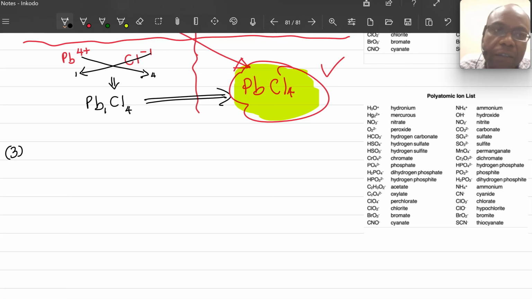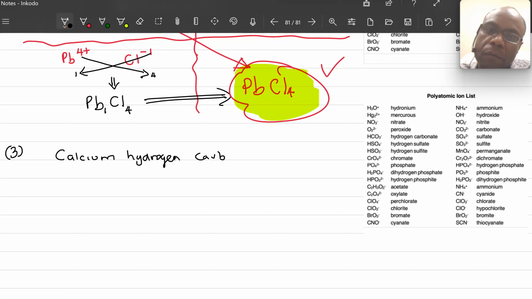Suppose you are asked to write the formula of calcium hydrogen carbonate.